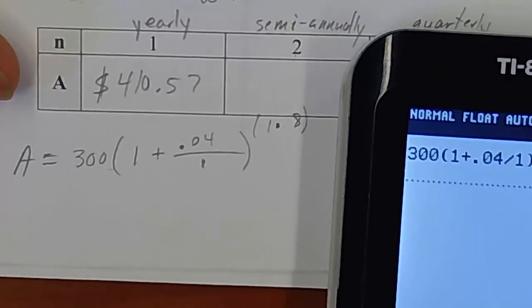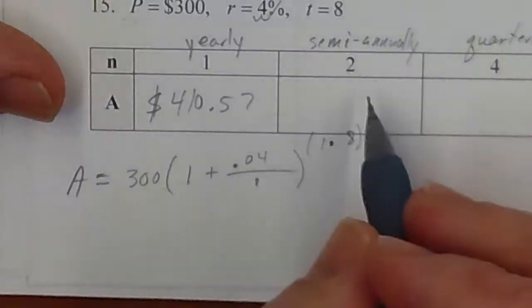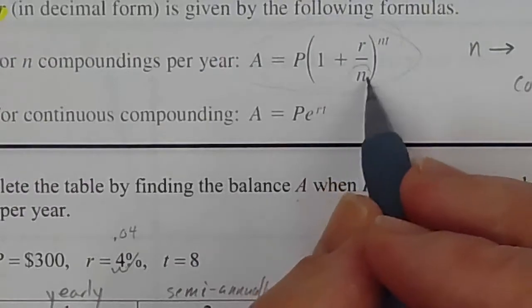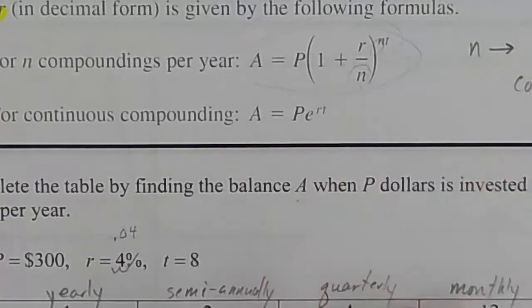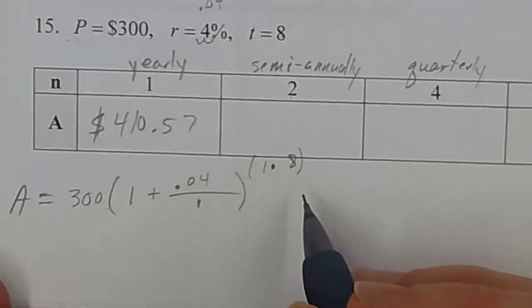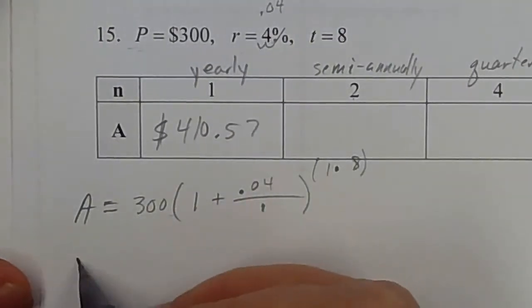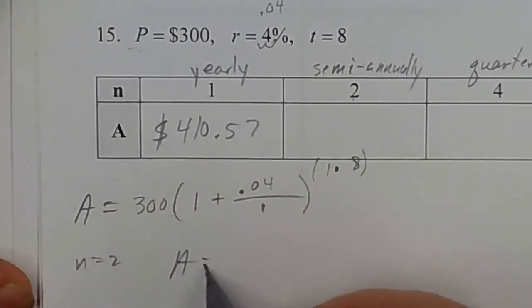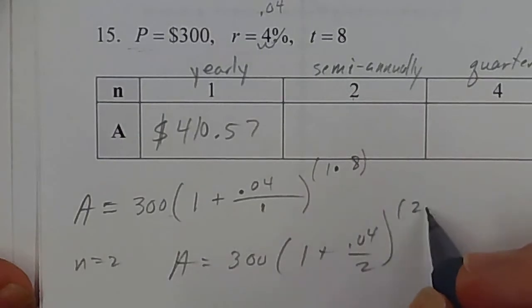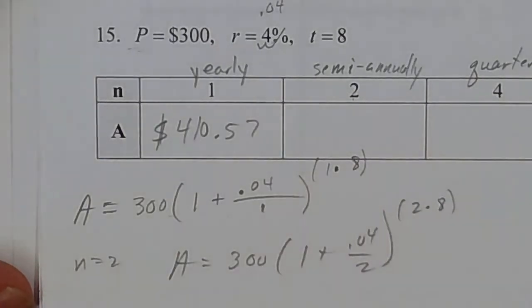Semi-annually, all I'm going to do now is hit second enter, and where does the end value change? 2 spots, right? Here and here. Okay, so for this one, I'm not going to keep doing this because we just do this in our calculator. So this is n equals 2. We just do 300 times 1 plus 0.04 over 2 raised to the 2 times 8.